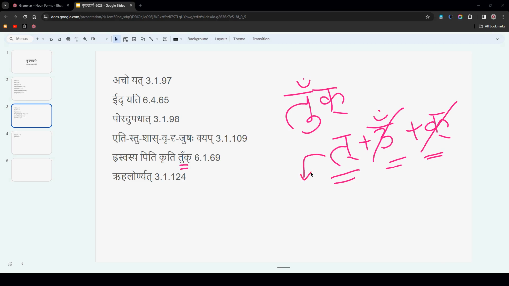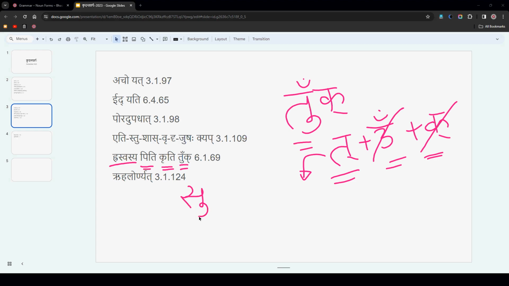This is an agama, inserted when the krit pratyaya is a pit pratyaya. In the krit pratyaya, pakara is an it letter. In that case, if there is a hrasva letter, there the takara is inserted.